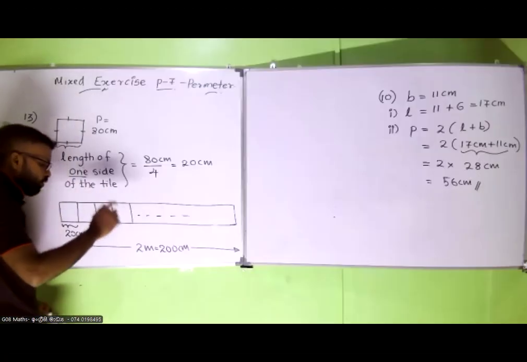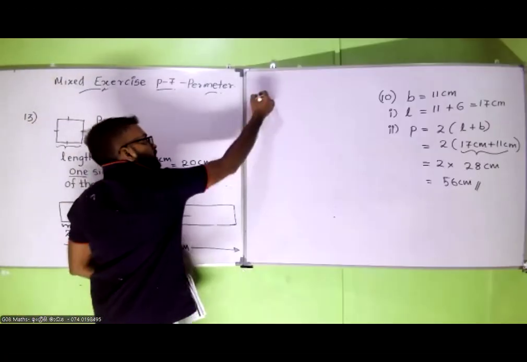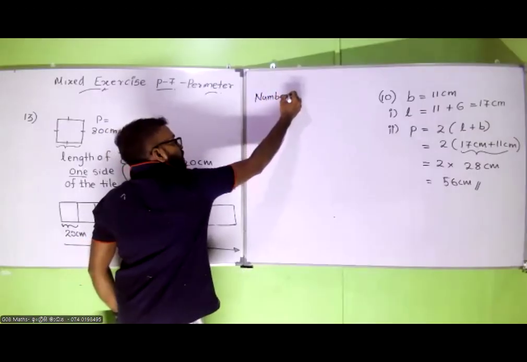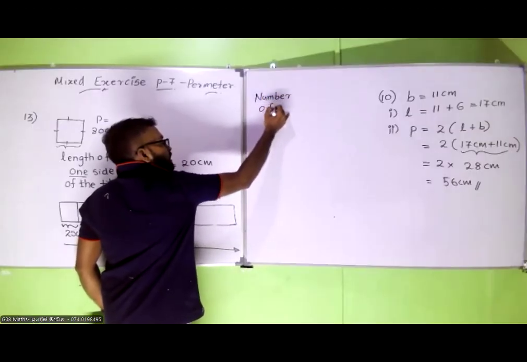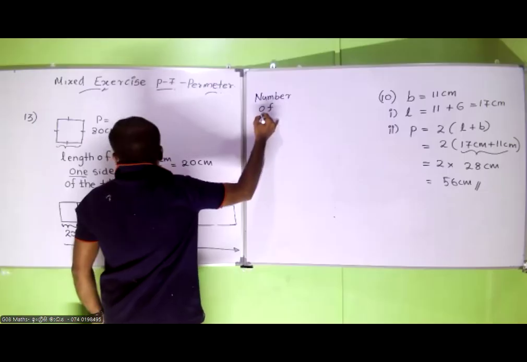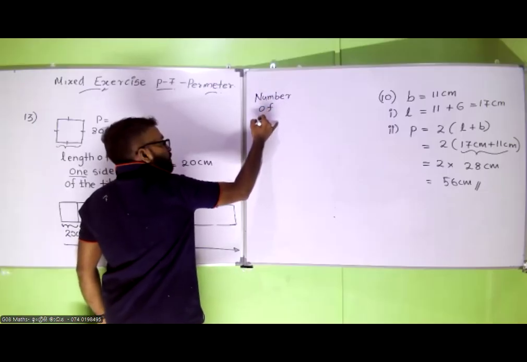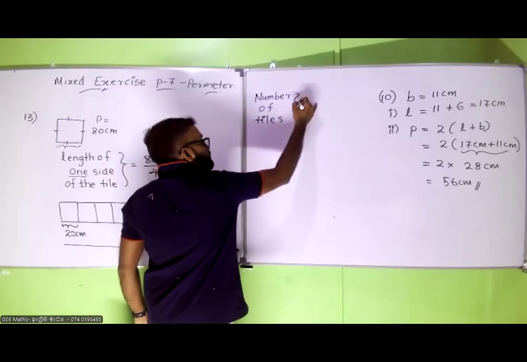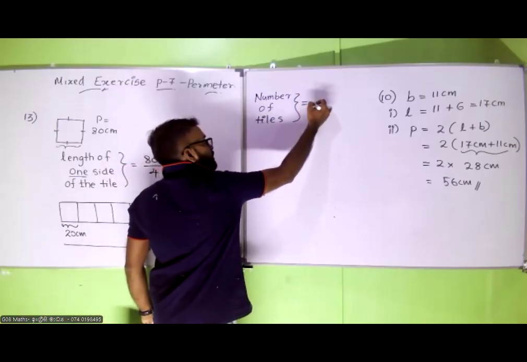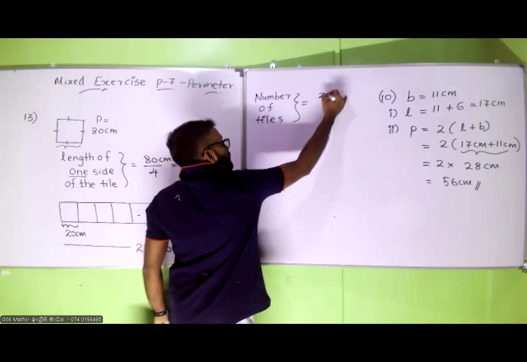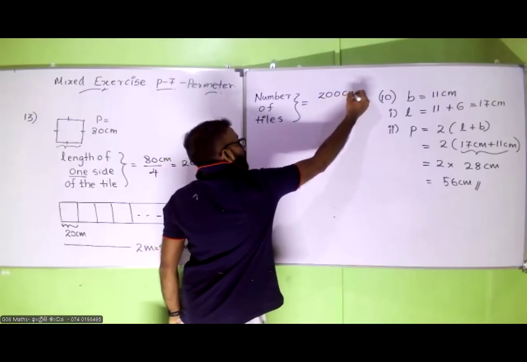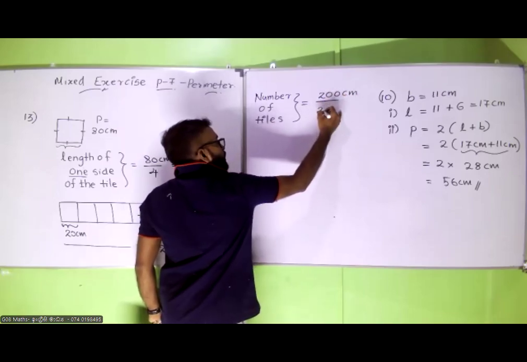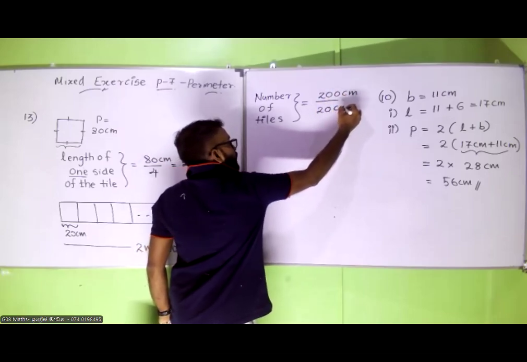So to get the number of tiles, you divide the whole length of the wall by the single length of a tile. The 200 centimeter wall needs to be divided into 20 centimeter equal parts.